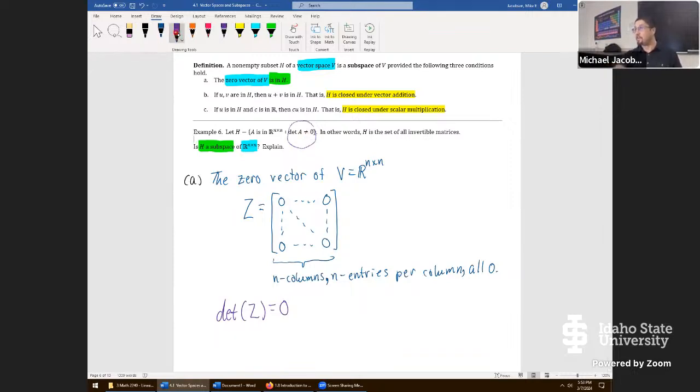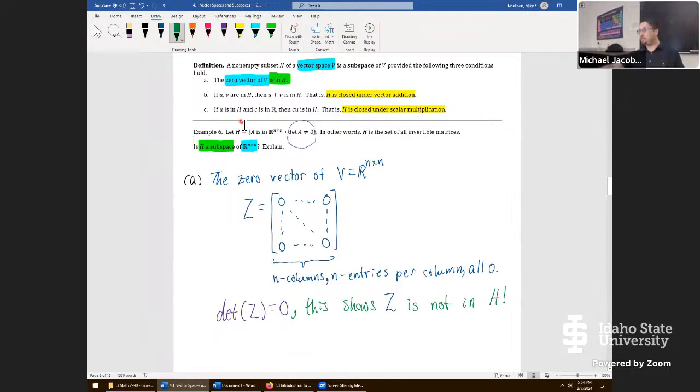Let's say right away, this shows Z, the zero vector of the actual vector space, Rn by n, is not in H. That deserves an exclamation mark because that means there's nothing further to do. The moment one property fails, and oftentimes that's the easiest one to check, everything has fallen apart.